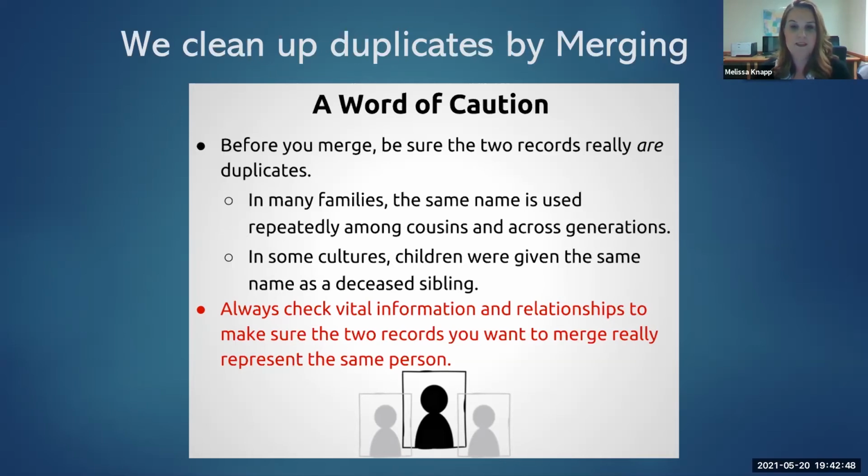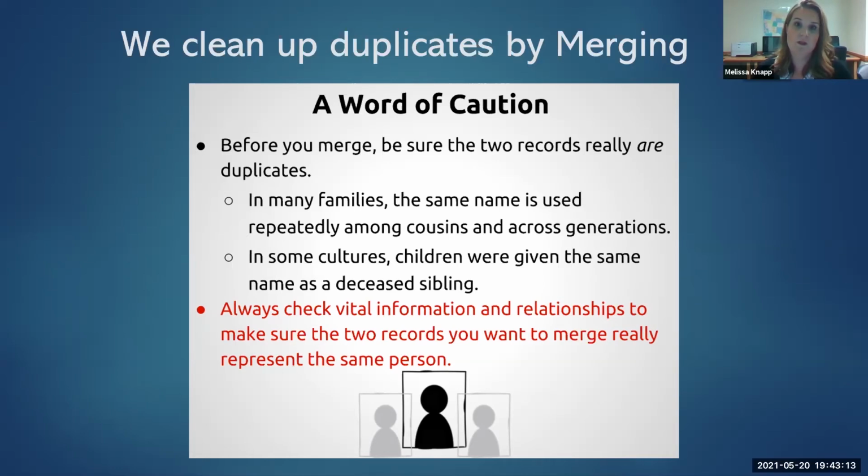So you'd have five brothers who all named their first son after their father, and you might have five cousins that all have the same exact name. We just want to be careful, because they might all live in the same town. So it may not be a duplicate. It may just be that they're relatives with common, same names.